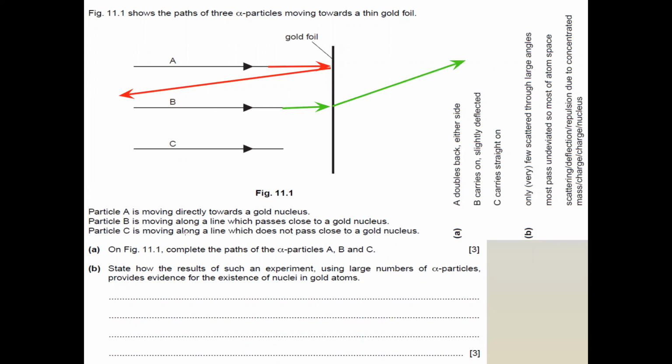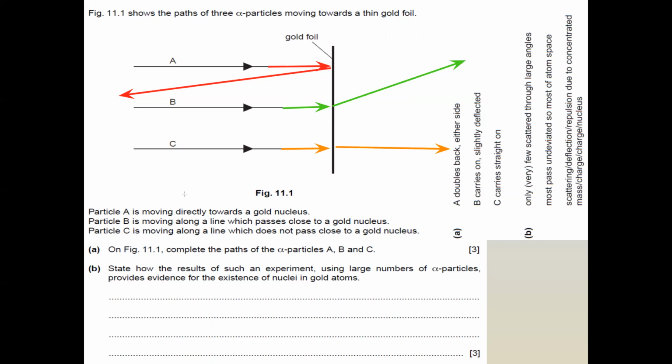And particle C is moving along a line which does not pass close to the gold nucleus. Like the alpha particle C is not closer to the gold nuclei. So if the particle is not closer, what will happen? It will pass straight. So one will bounce back, one will deviate, another one will pass straight.